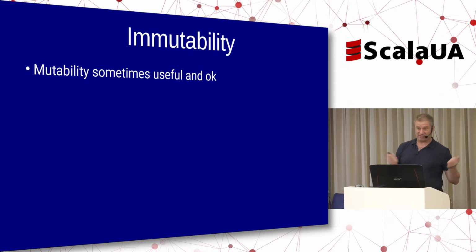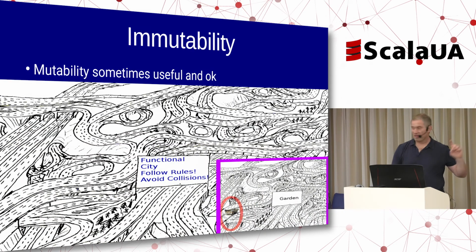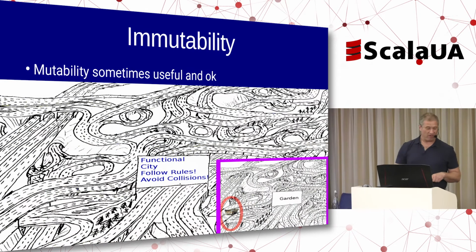And there are simply cases where we can't get things done in the time. I mean, not the time to program, but the time to do the calculation, because sometimes we can get more efficient algorithms if we use mutability. But that is okay. We can think of this.